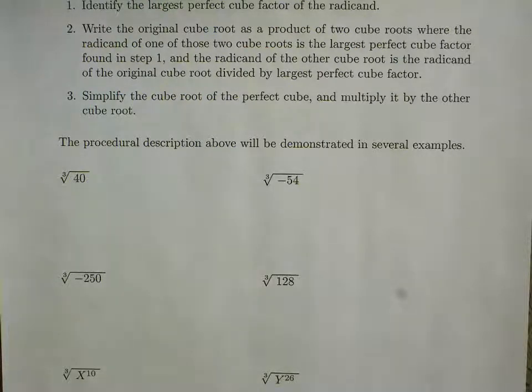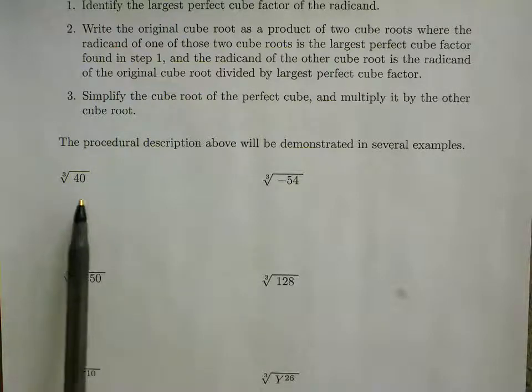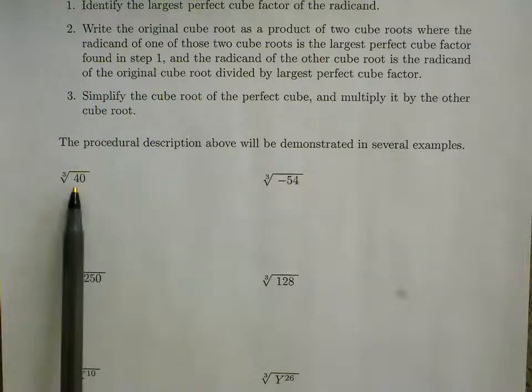So let's see, what are the perfect cubes? 1 to the third equals 1. 2 to the third equals 8. 3 to the third is 27. 4 to the third is 64. So 2 to the third equals 8. 8 is a perfect cube, and 8 is a factor of 40.